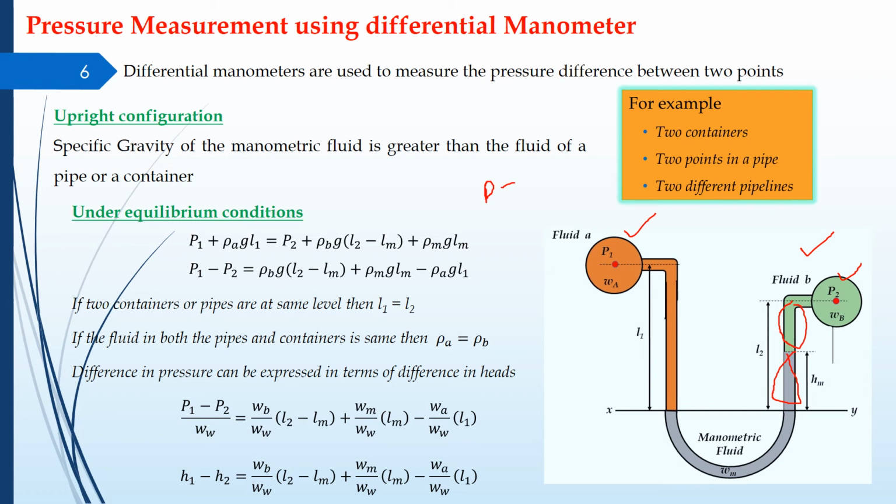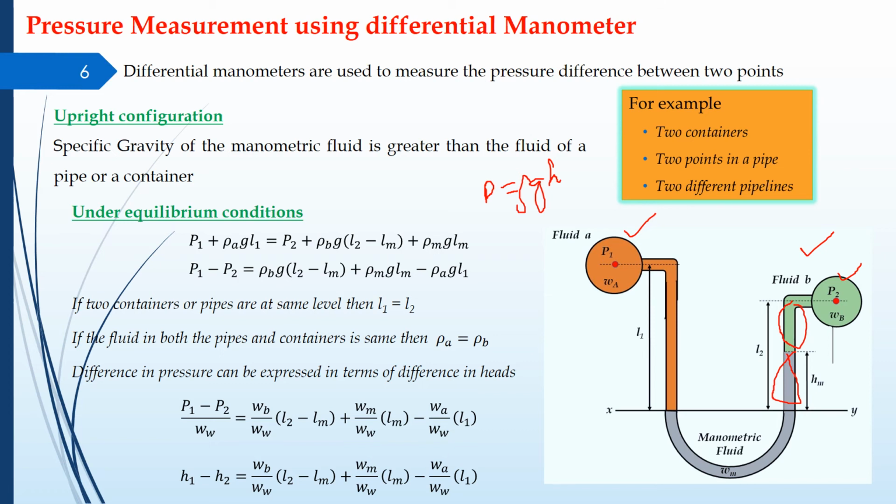P is equal to rho g h, and if I write P by rho g, certainly it will be equal to H. We always try to measure the pressure in terms of head. So this equation will be divided on both sides by rho g. We are talking about water over here, so we will divide it by the specific weight of the water. Rho g is equal to what?